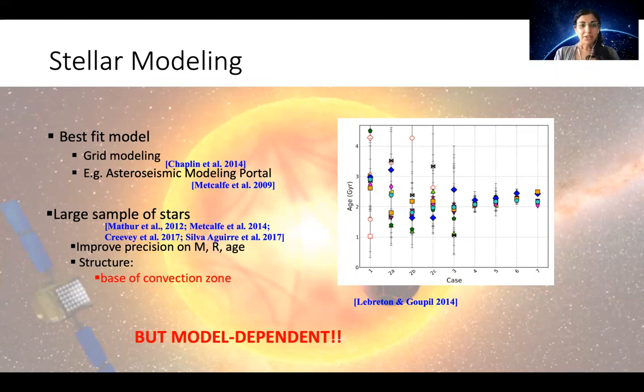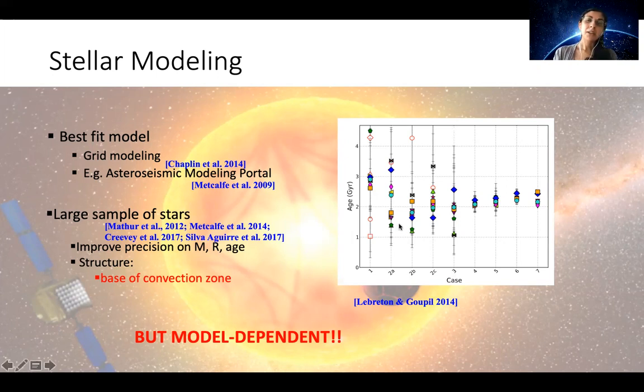This has been done on a large sample of stars, showing that we improve the precision on the mass, radius, and age. So here on the right, you can see this plot showing an example of a star observed by CoRoT, where Lebreton and Goupil showed how the determination of the age of the star improved when we were using more and more seismic information.